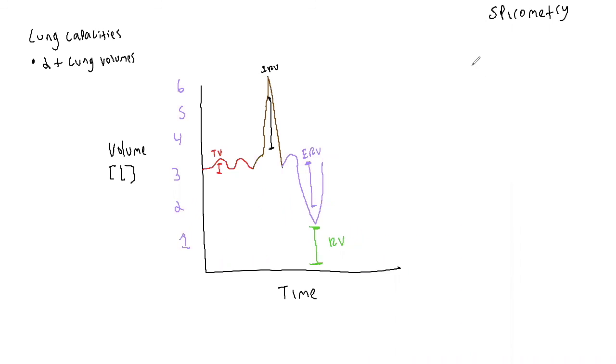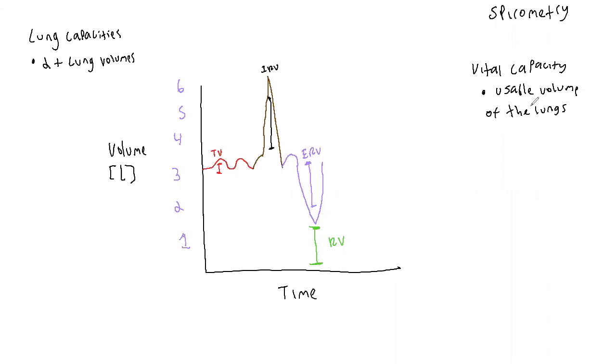We're going to start with something called vital capacity. And vital capacity is the usable volume of the lungs. It is the usable volume of the lungs.